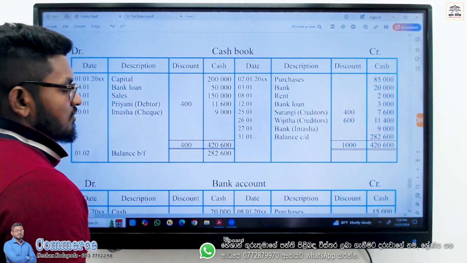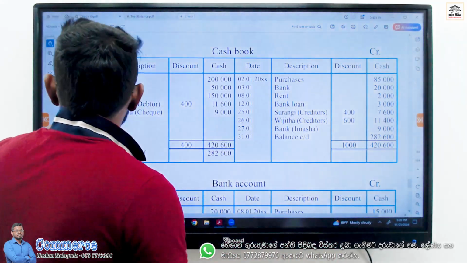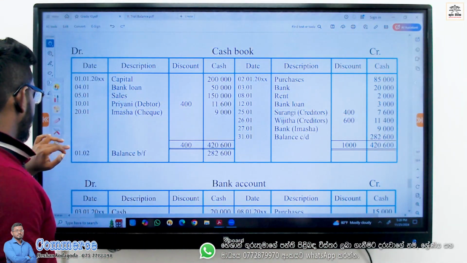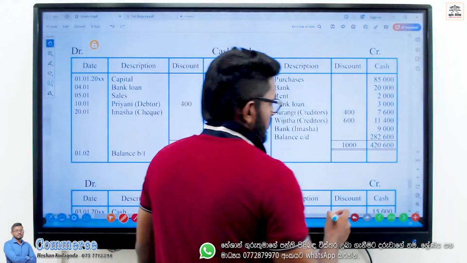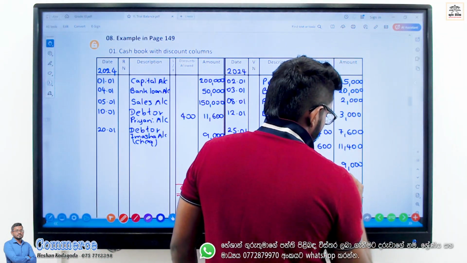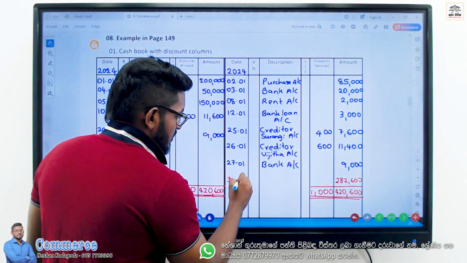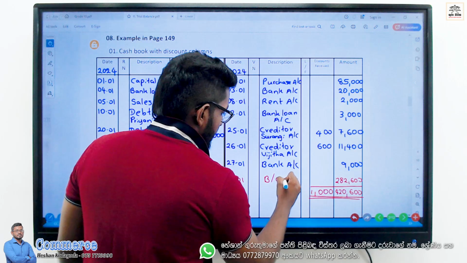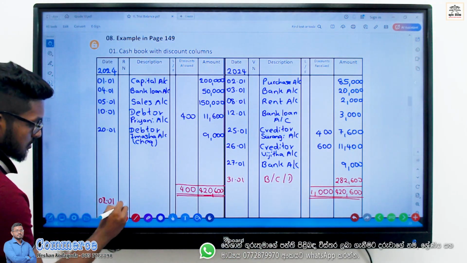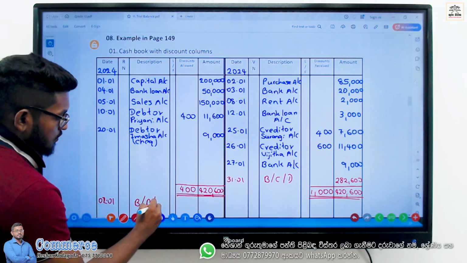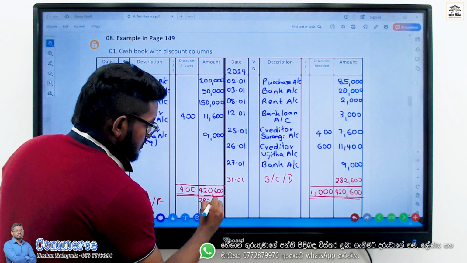Once you deduct the total, 282,600. Right? 31st of January, balance carried down. 1st of February, balance brought forward how much? 282,600.